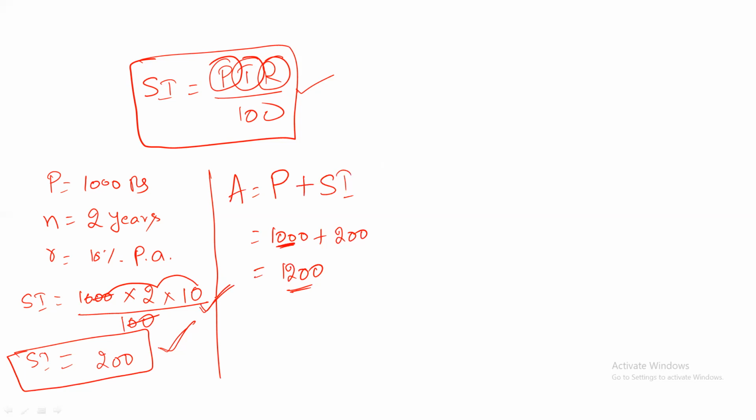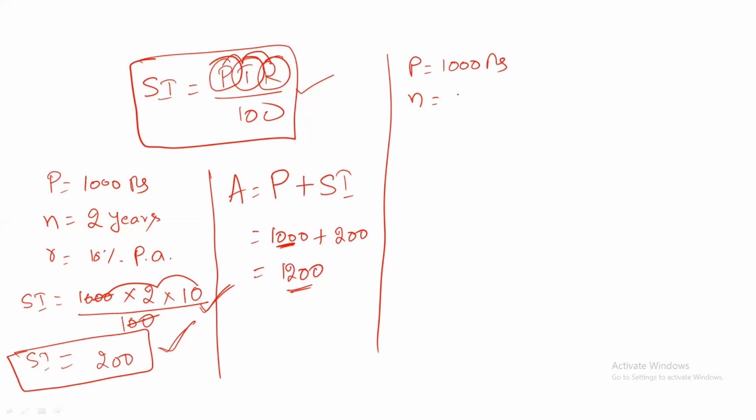Now my point is, if you observe the formula, P into T into R divided by 100. Let me change the question first. The same question: principal amount is 1,000 rupees. Everyone try to understand, the complete logic is based on this. I'm just changing the number of years.